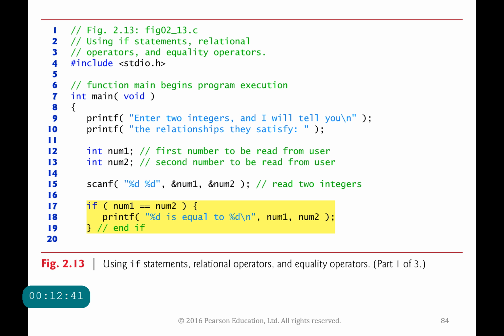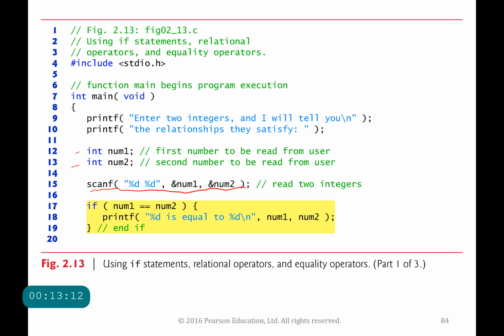So in this slide, we have one program that we've written to test for different conditions. What we are doing is asking a user to input two integers, num1 and num2. We're using a scanf statement to ask the user to enter two integers.